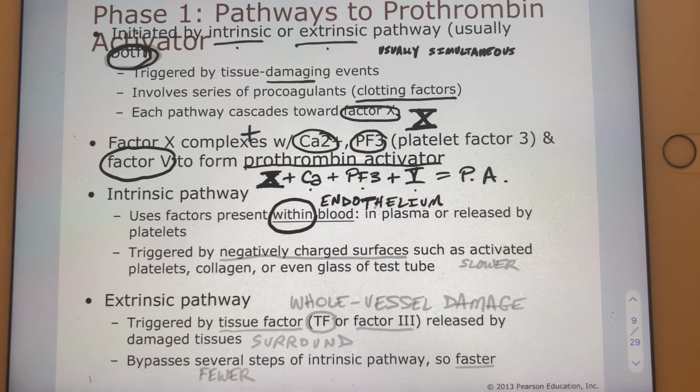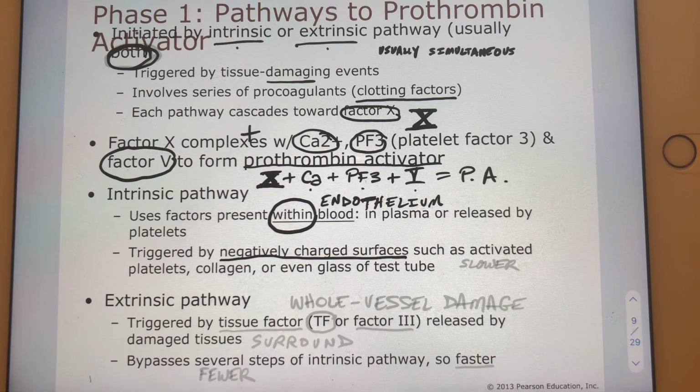The endothelium being disturbed exposes underlying negatively charged surfaces, which sort of call out to passing platelets: hey, clump here, clump here, clump here.